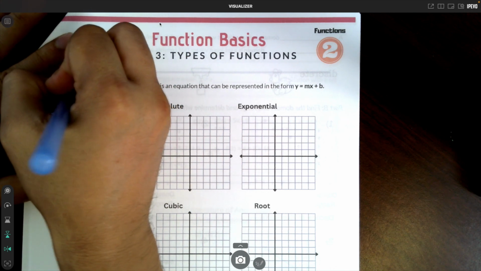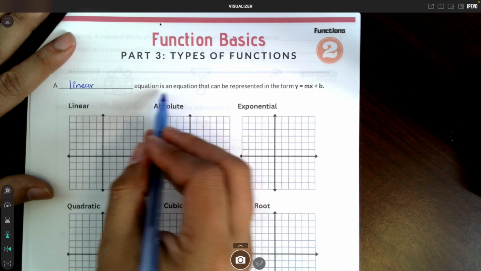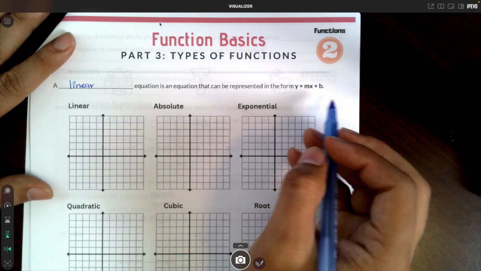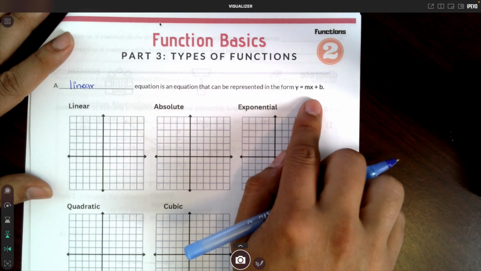Obviously, with our eyes, it's a little bit more complicated. It's not just simple lines, but the first type of function is a line. It's called a linear function. So let's go ahead and write this down. A linear equation is an equation that can be represented in this format. So y equals mx plus b. I'm sure you guys have heard of this many times.